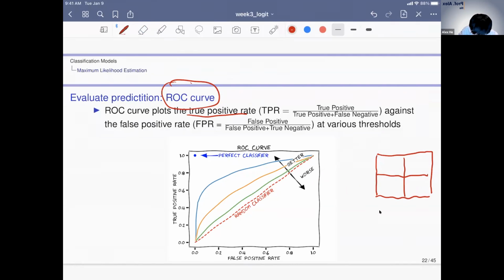Let's say the columns are your prediction and the rows are the truth.